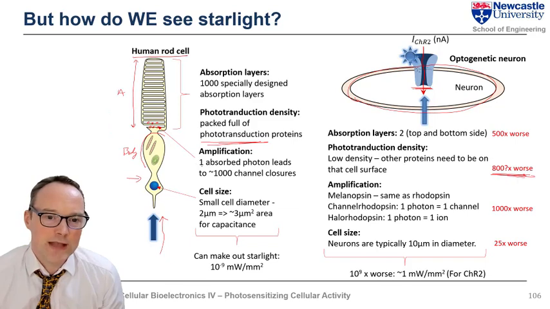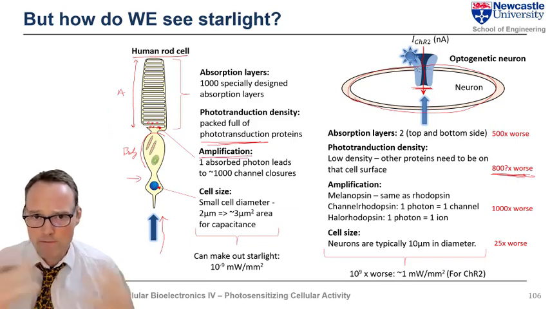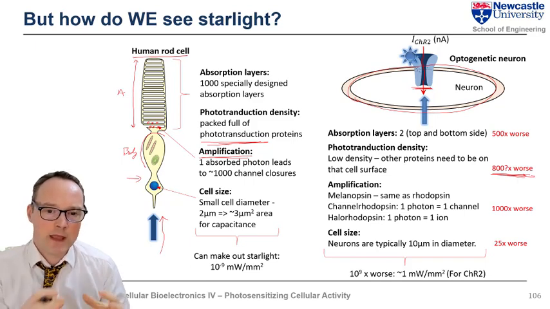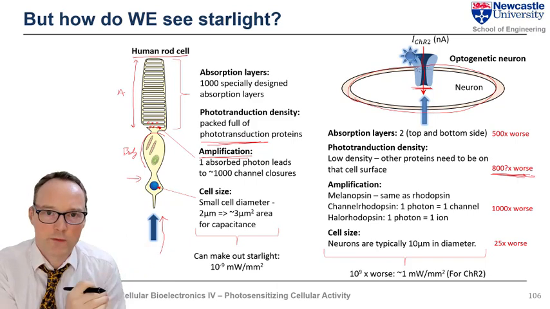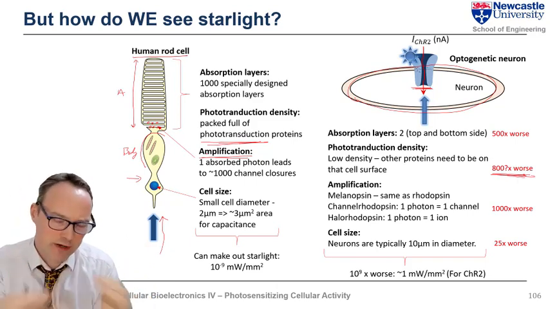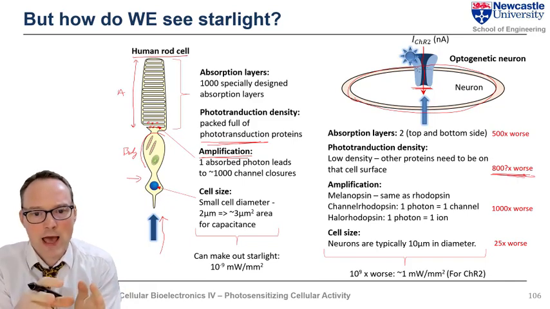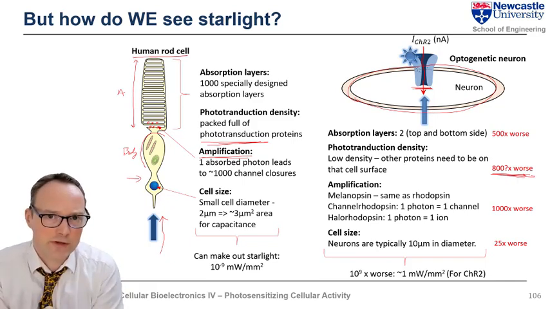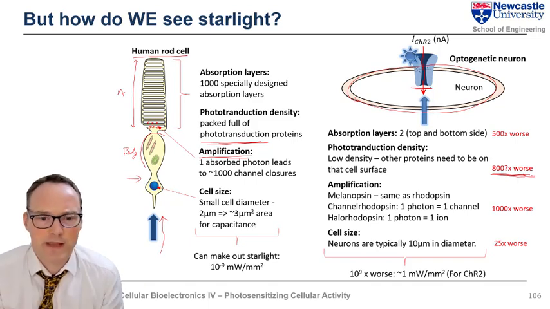Whereas we've mentioned before that these GPCR, metabotropic ion channels, if you like, one absorbed photon will deactivate, it's the other way around in humans, potentially hundreds or even thousands of channels. So you get this massive amplification.